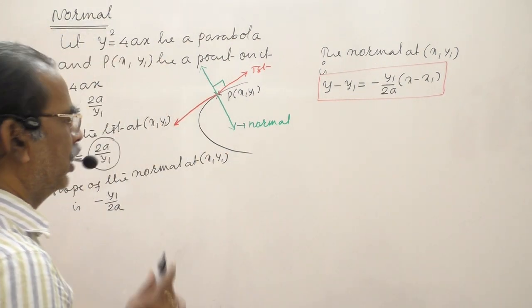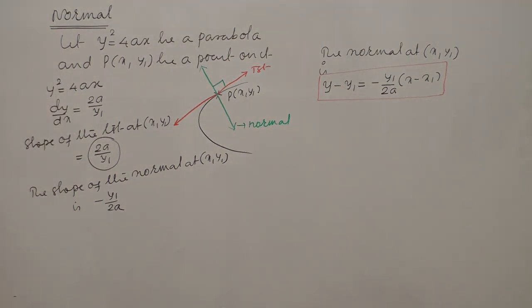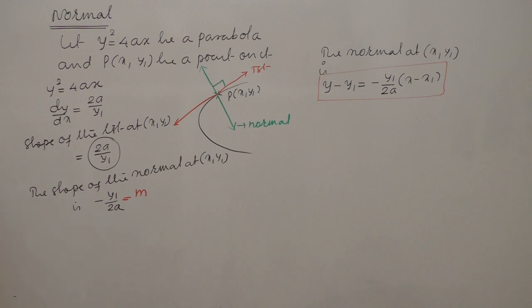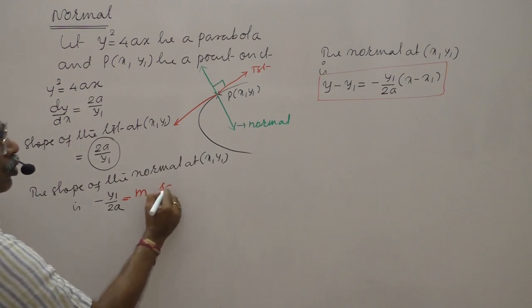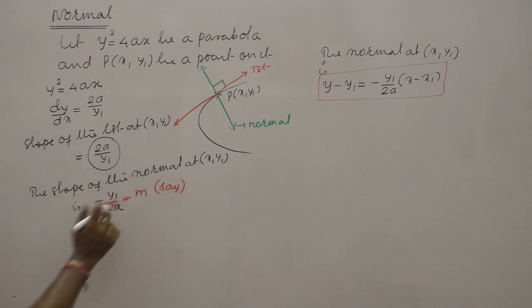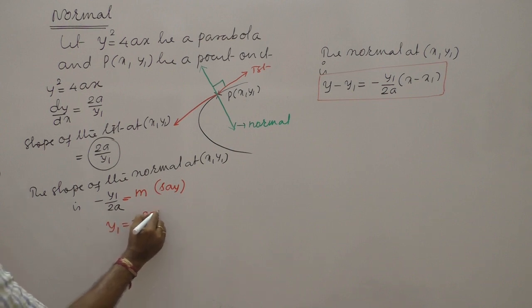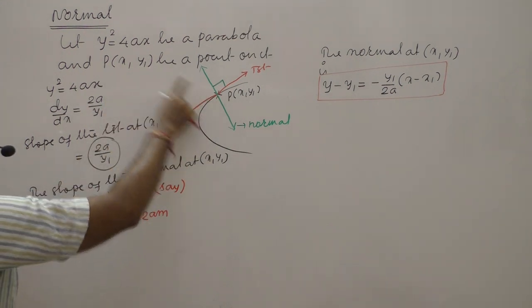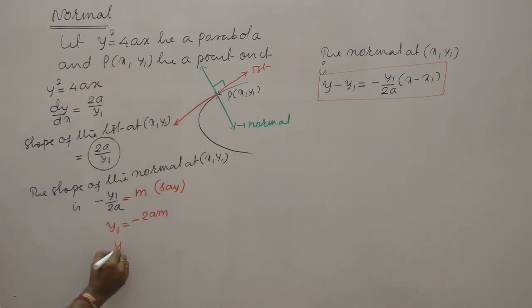Now listen carefully to this concept. This is the slope of the normal. I will suppose that the slope of the normal is m. From this, y1 is minus 2am. The point (x1, y1) lies on the curve, therefore it satisfies the equation.